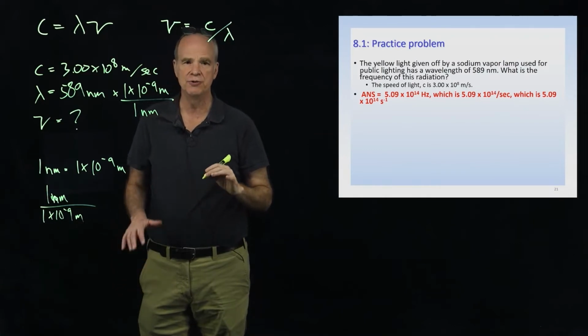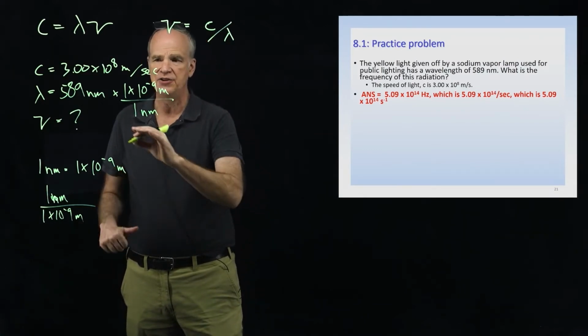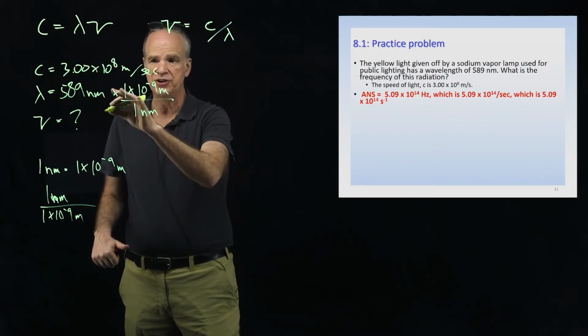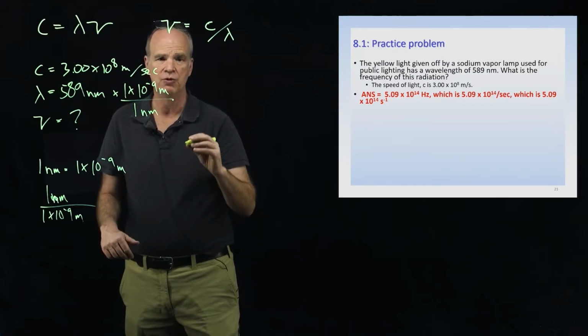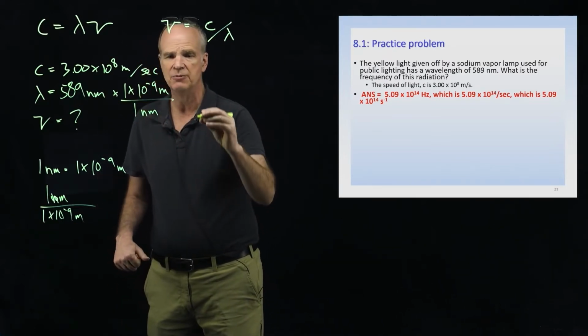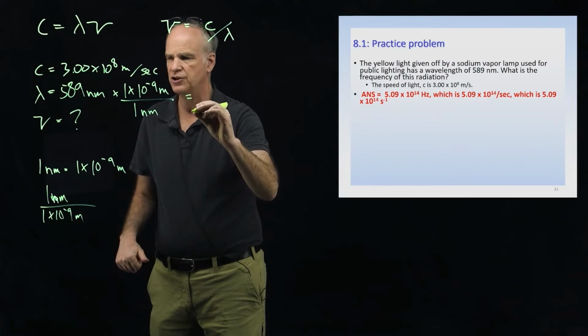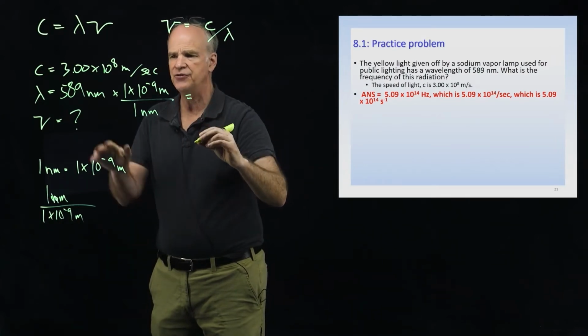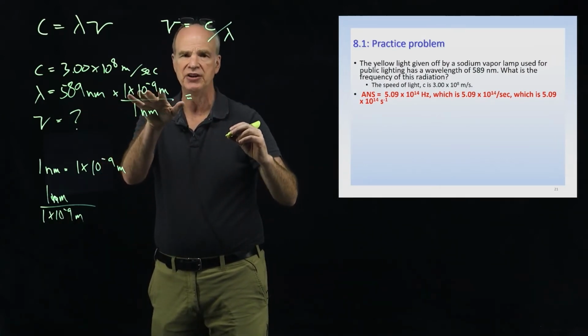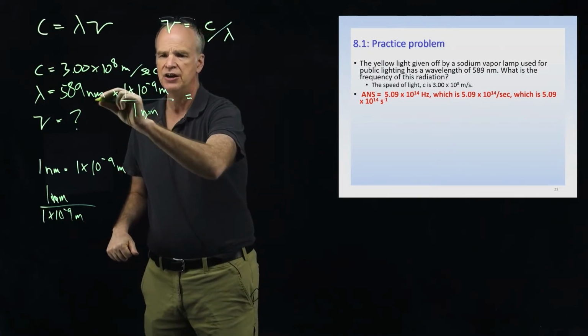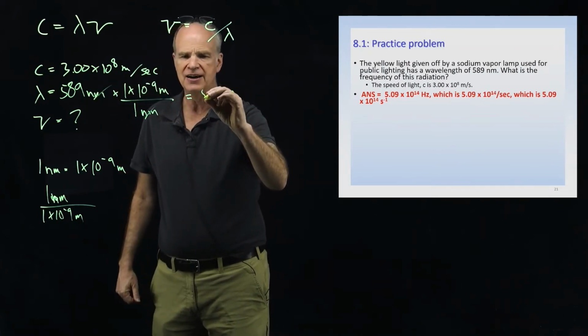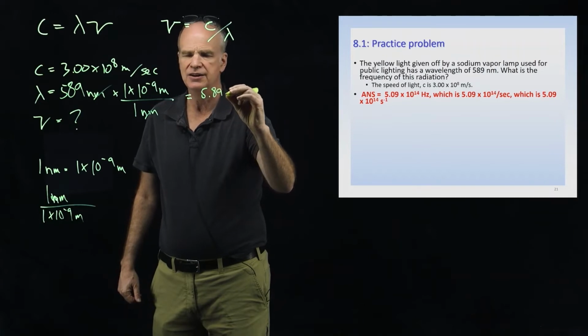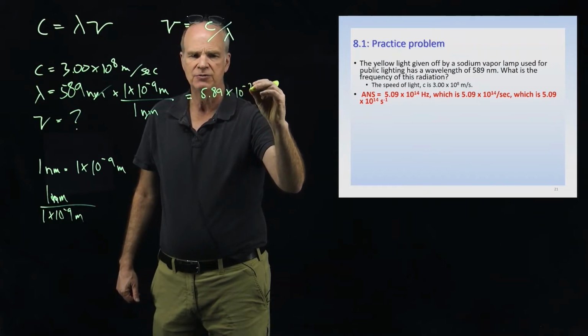And if we wanted to, we can figure out at this time how many meters is 589 nanometers. One way to do that is just multiply these numbers, and if you were to do that, what you would find is 589 nanometers times 1 times 10 to the negative 9 meters should get us 5.89 times 10 to the negative 7 meters.